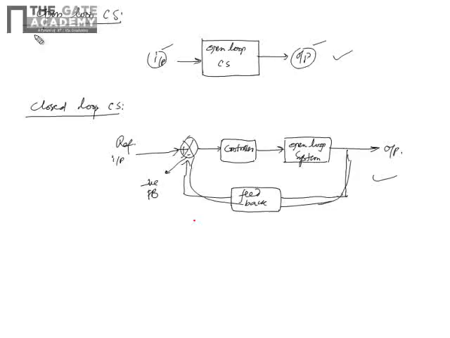Suppose you design it for 100 revolutions per minute. If the rotations are less than or greater than 100, that can be cross checked, meaning an error check, by connecting feedback.